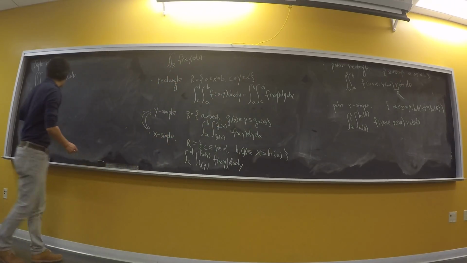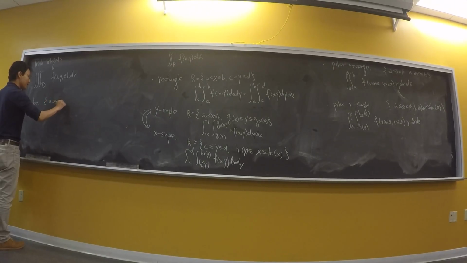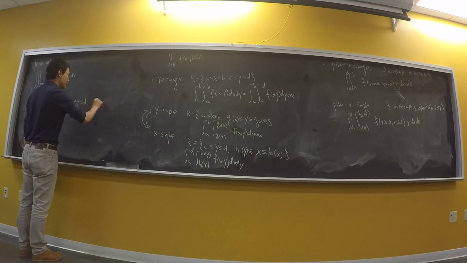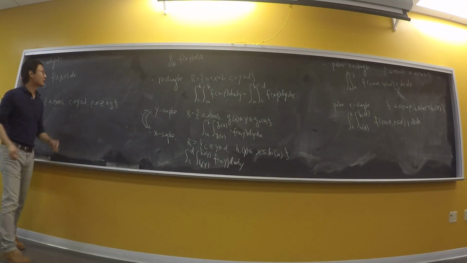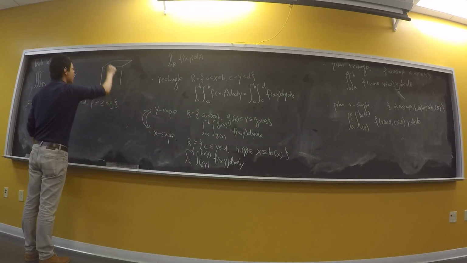So the cube in R3 is going to be x bounded between A and B, y bounded between C and D, and z bounded between P and Q. Okay, so interval, and interval. So if you want to see what the solid is, so this is the one.